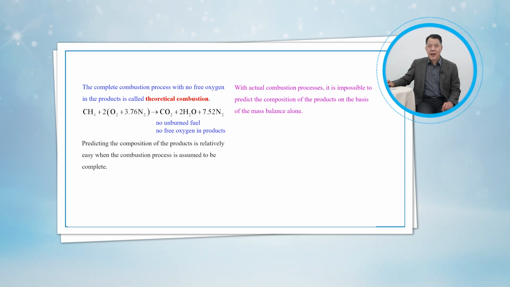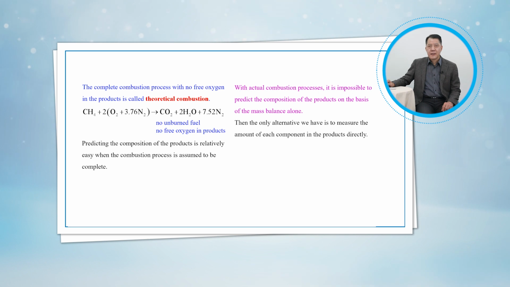Therefore, it's impossible to predict the composition of the products on the basis of the mass balance alone. Then, the only alternative we have is to measure the amount of each component in the products directly.